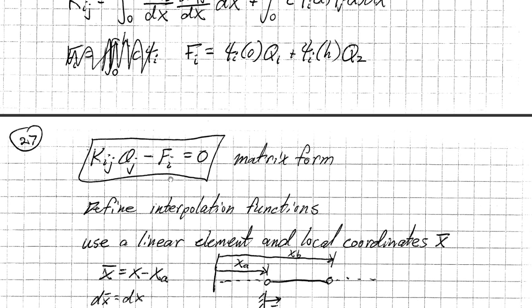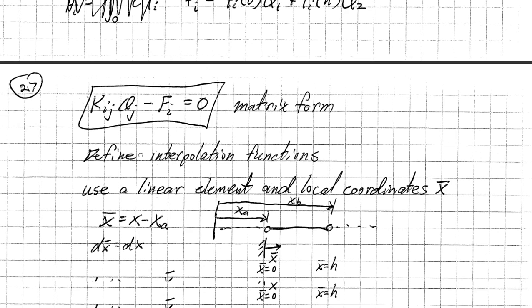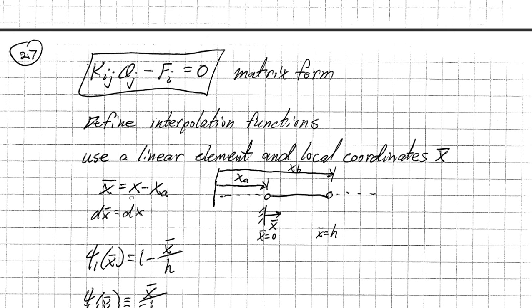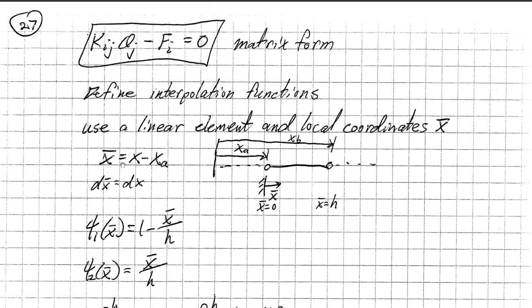Now we want to find out explicitly what this looks like for one element. So let's define interpolation functions. And we're also going to do this on a local coordinate.